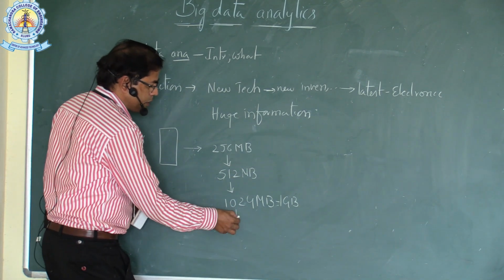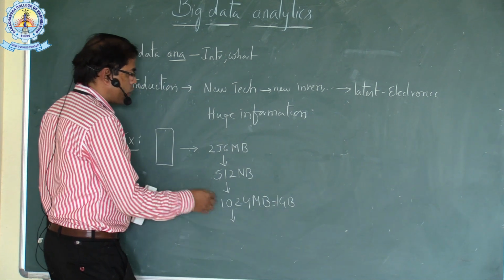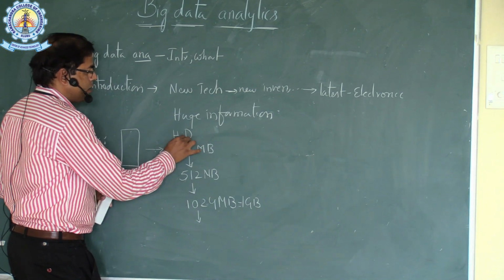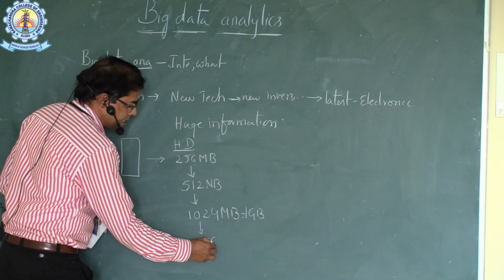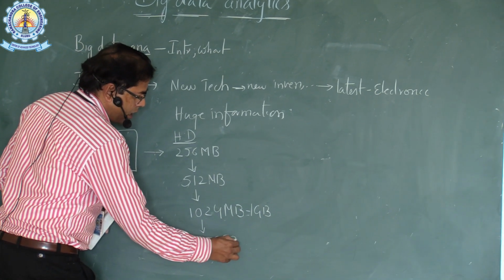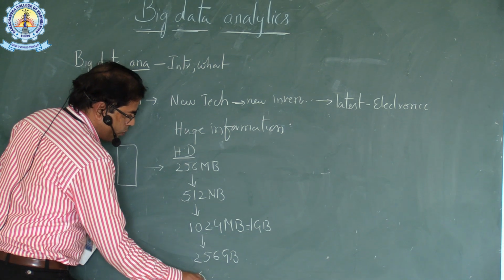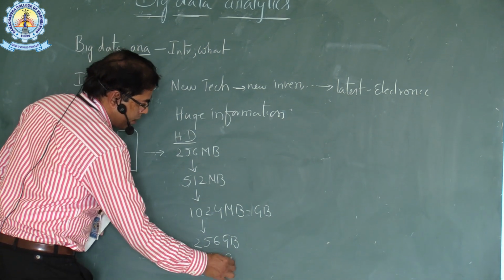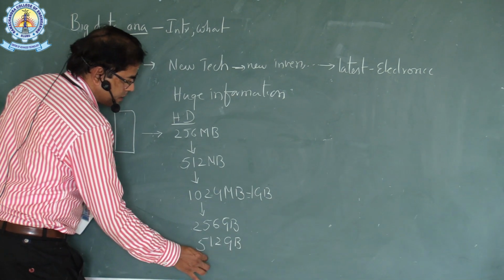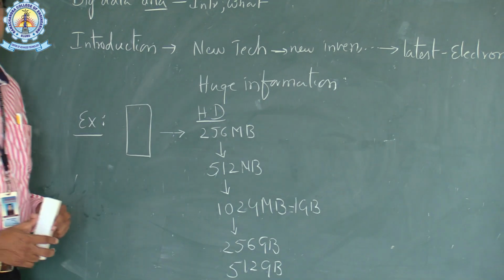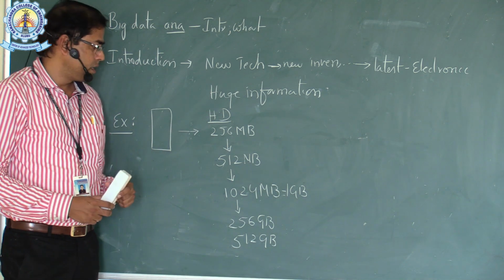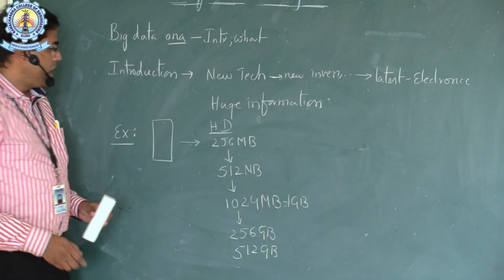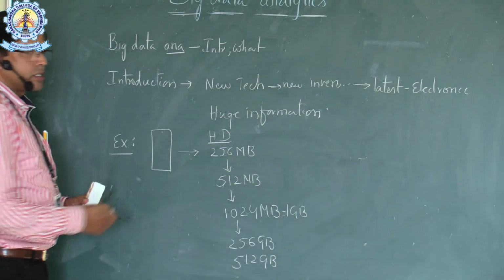Further, this 1 GB, I am talking about the hard disk, is now around 256 GB, and it also goes to 512 GB, and some devices may touch 1 terabyte. These are the things happening at most locations and on most devices.